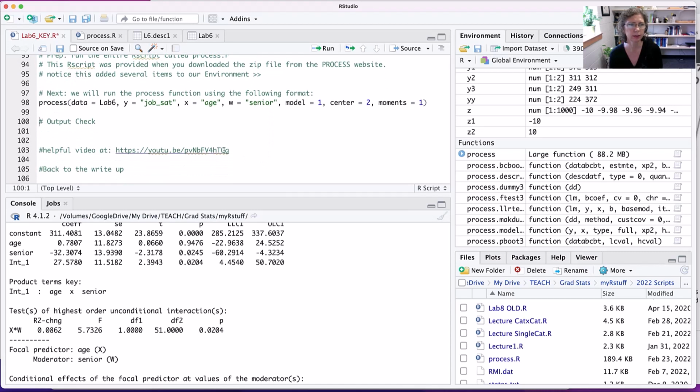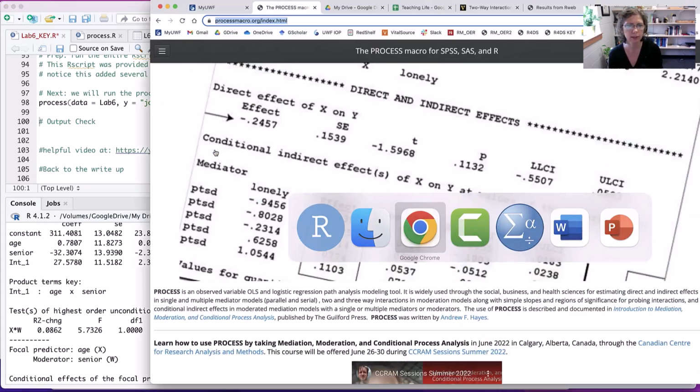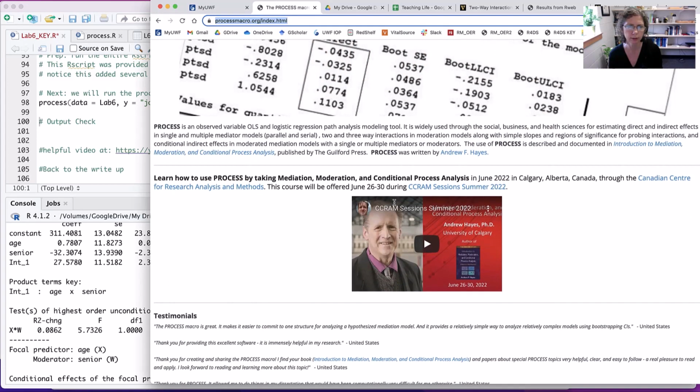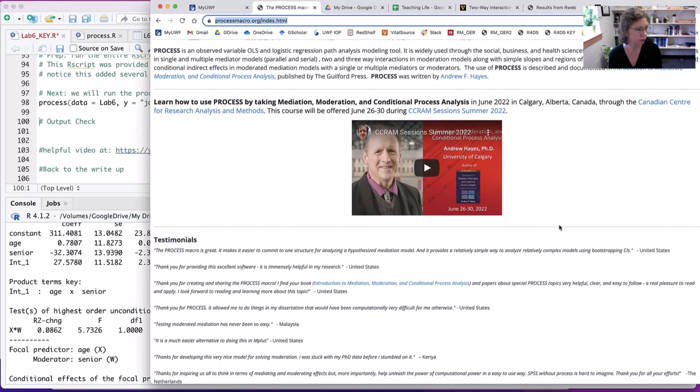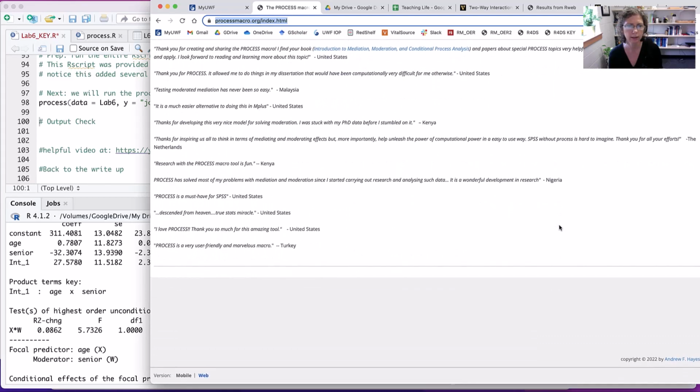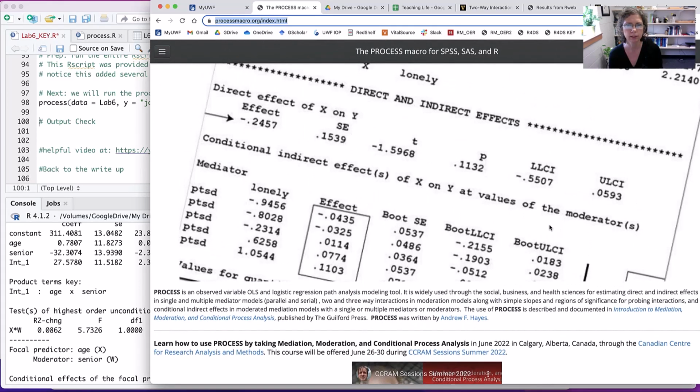There was a helpful video in figuring out how to run process in R, because when you go to the process website, it seems like a lot of what he says is, yeah, and if you want directions, go buy the book. And it's like, well, I have the old book, but I don't have the newest one. And, you know, it's open source for a reason.